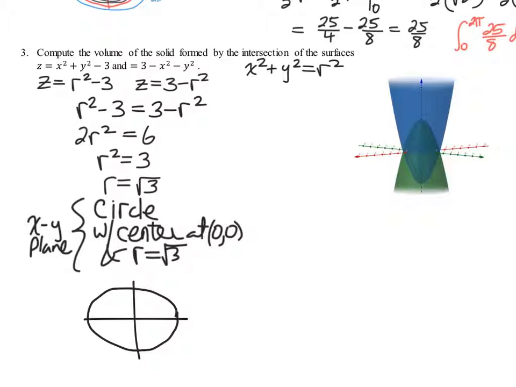So to capture that circle, we need to go out radical 3 in terms of r. And then we need to go completely around that circle. So one full turn, which is going to get us from 0 to 2 pi.